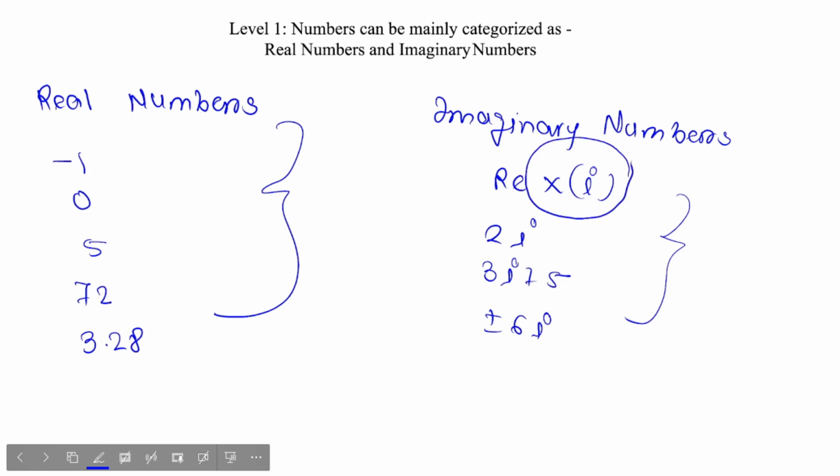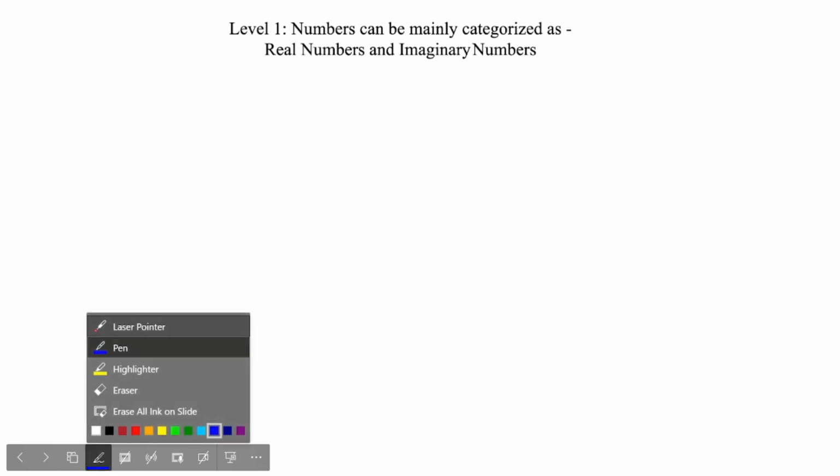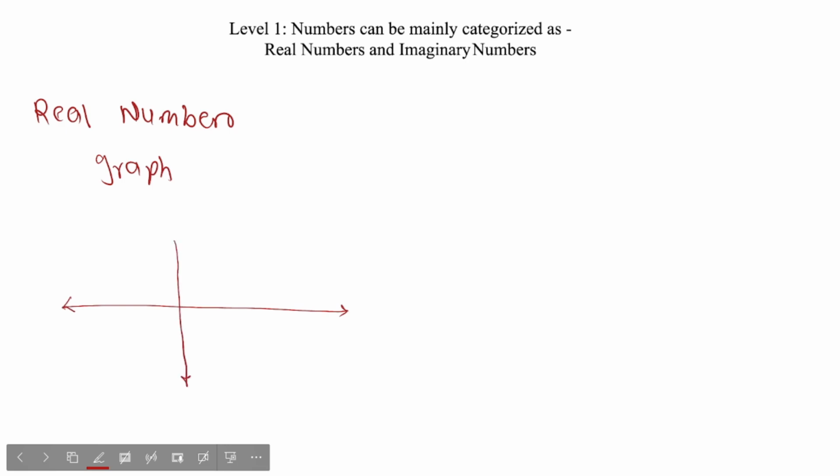Okay, that's it. Now according to the representation of real number and imaginary number, let us understand in this way, friend. How can we understand a real number? A real number can be understood and visualized from the graph, right? We all know how to plot a graph. On the graph system we have one horizontal axis and one vertical axis.